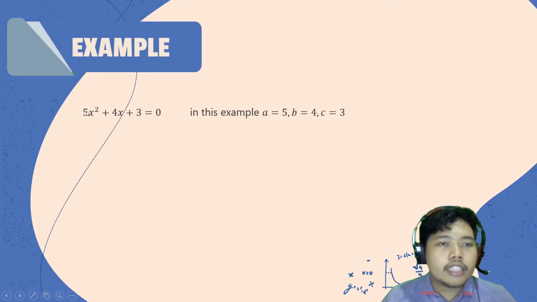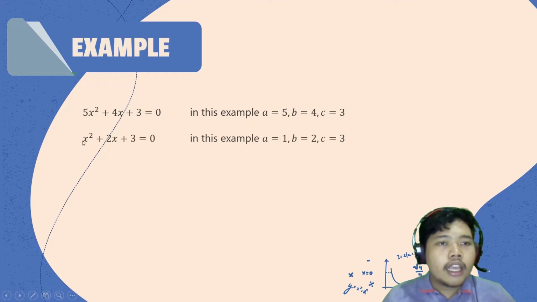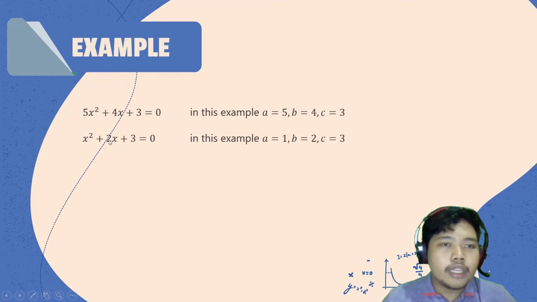So a is equal to 5, b equal to 4, and c equal to 3. Next, x squared plus 2x plus 3 is equal to 0. This is also a quadratic equation because it has x squared. Because of that, a equal to 1, b equal to 2, and c equal to 3.